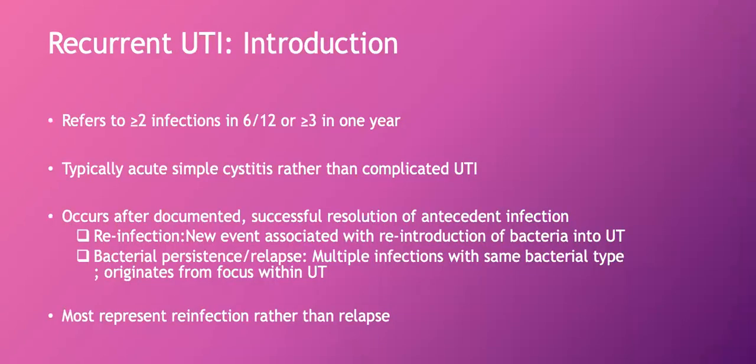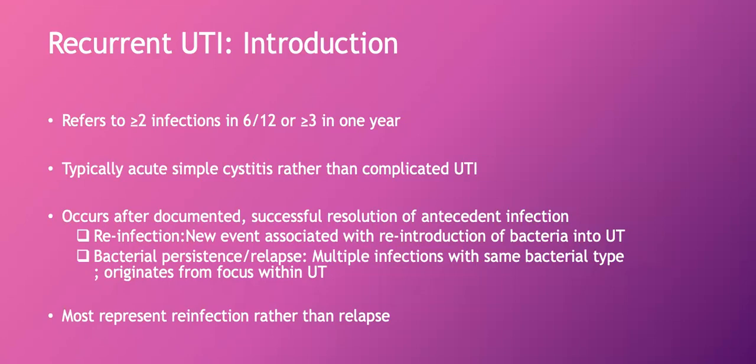With recurrent UTIs, we define them as more than 2 infections in 6 months or more than 3 in 1 year. It's typically an acute simple cystitis rather than a complicated UTI. And they basically occur after documented successful resolution of the antecedent infection.